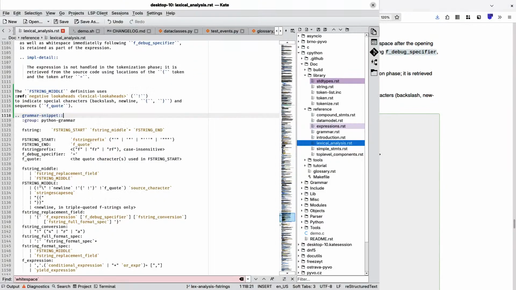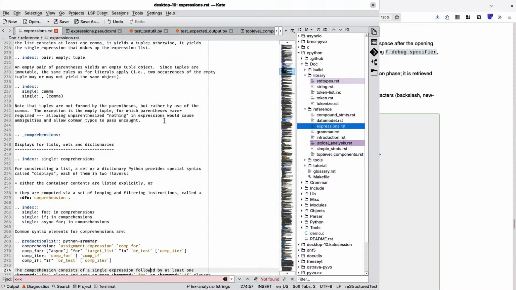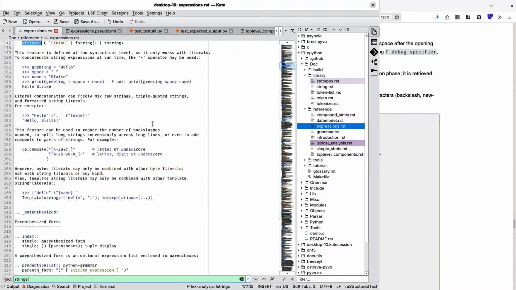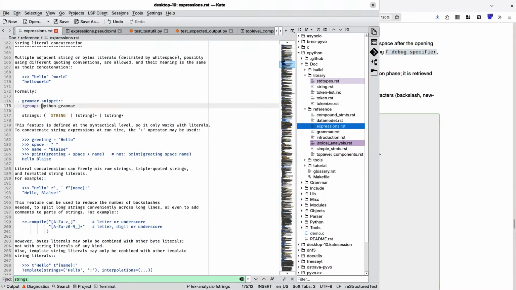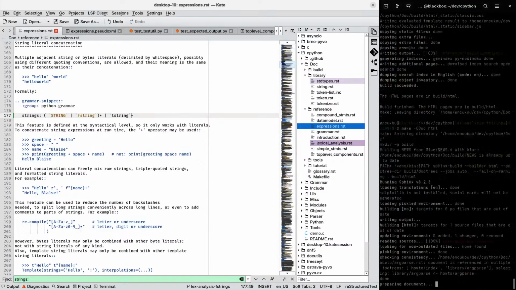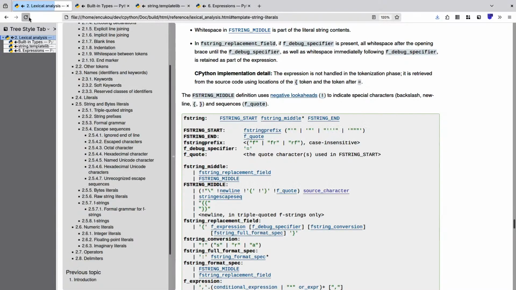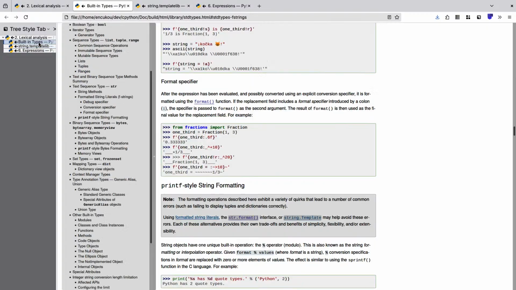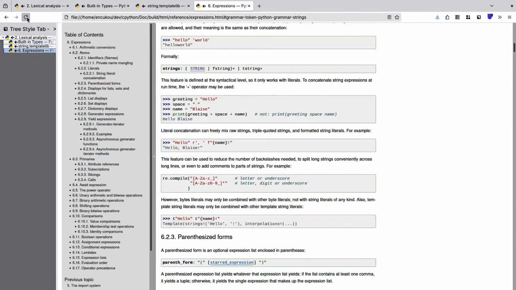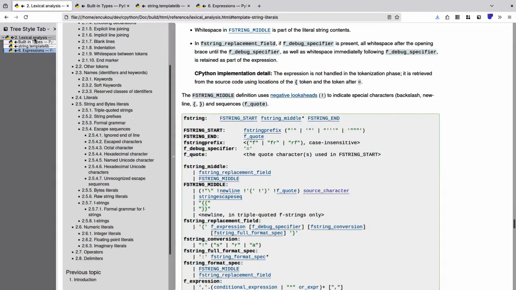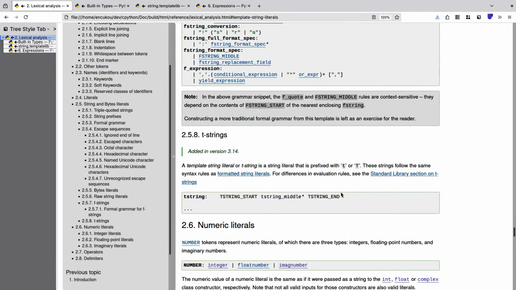These are linked together. Grammar snippet group Python. Oh, they need to be linked. Good, now they're linked. Great.